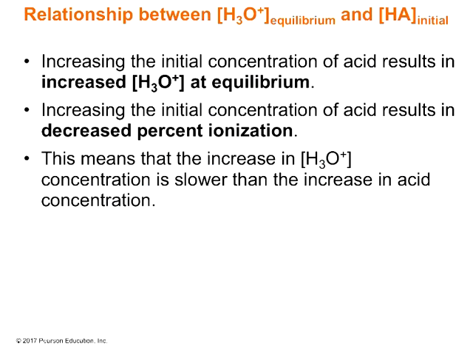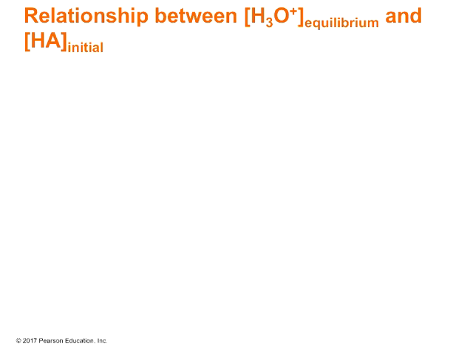So this means that the increase in hydronium ion concentration is slower than the increase in acid concentration. So let's dive into that a little bit further, because it can be a little bit confusing to wrap your head around the fact that there isn't really a linear relationship between these two things.